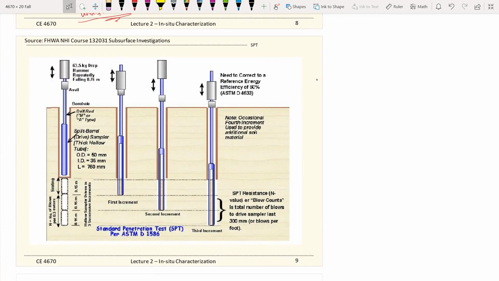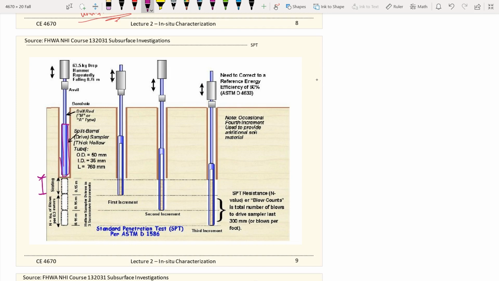So this picture illustrates an elevation view of how the sampler is advanced into the ground. As I mentioned before, when this sampler is advanced into the ground, we start counting the number of blows needed to advance it every 6 inches.